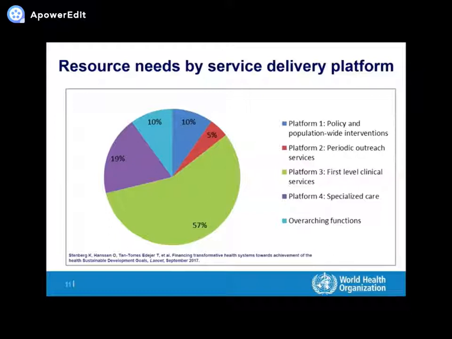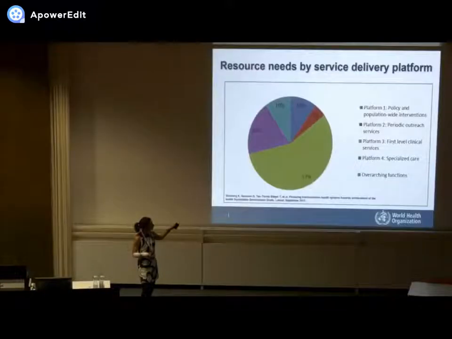Yes, thank you. So I think the feedback was in general affirmative. Countries recognize that a lot can be done in terms of progressing towards UHC and SDGs by investing in what we could call the primary healthcare platforms. So a lot can be done in terms of providing policy and population-wide interventions and outreach services that is not very costly.